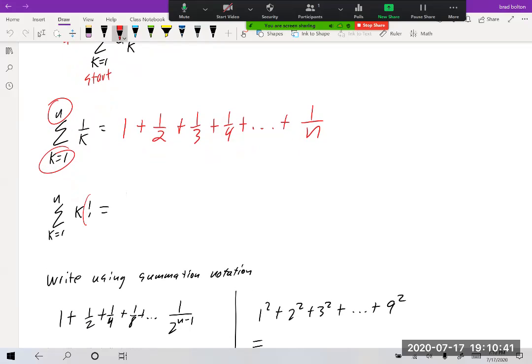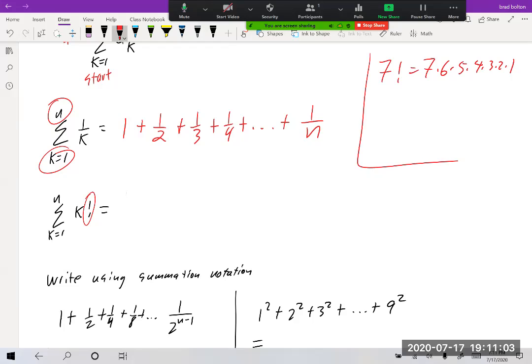Now, hopefully you guys have heard of a factorial before. All a factorial means is, I'm sorry, not a number times itself. We're not going to go too crazy on this, but if I said 7 factorial, that just means 7 times 6 times 5 times 4 times 3 times 2 times 1.